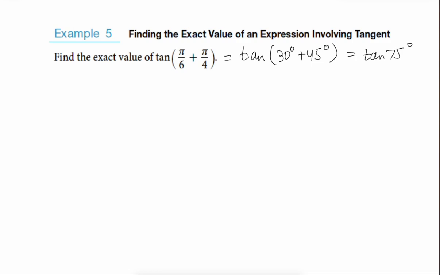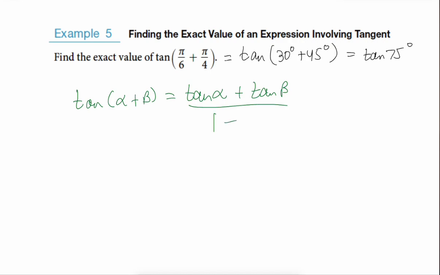Now, the tangent formula is a little funky, but I'm going to write this down for you. The tangent of alpha plus beta is the tangent of alpha plus the tangent of beta over 1 minus the tangent of alpha, tangent of beta. Here's again where your fraction skills are going to come back and haunt you a little bit.